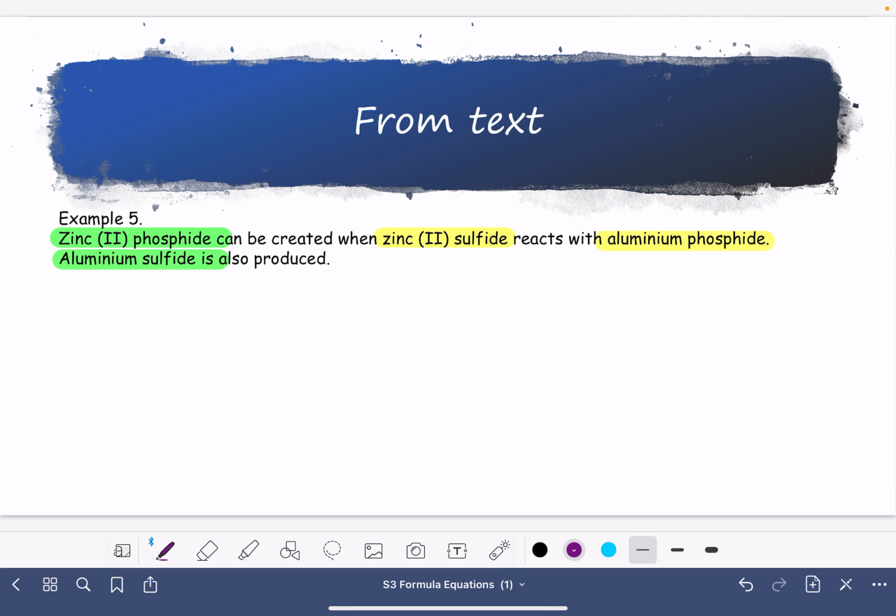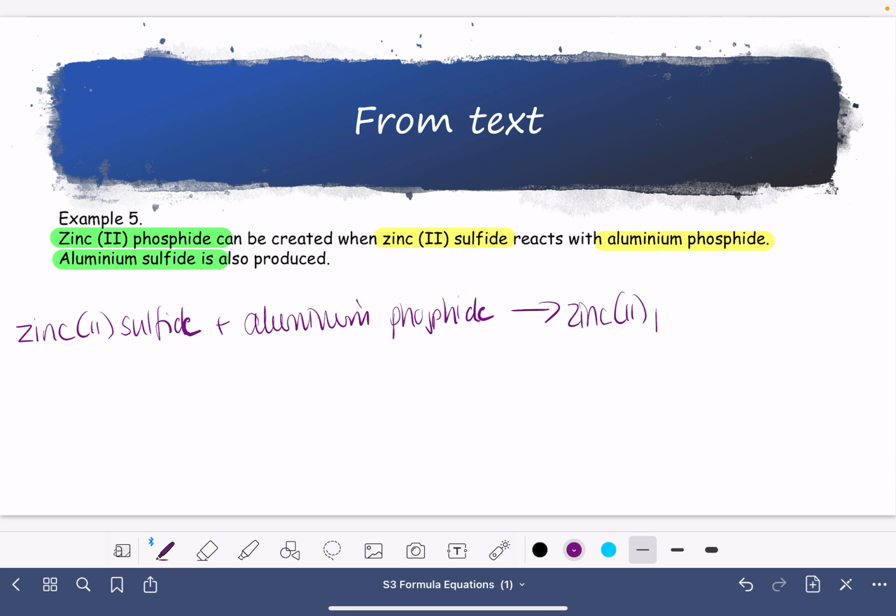Let's get going with writing our word equation then. So, sorry, started at the wrong end there. So zinc(II) sulfide plus aluminium phosphide becomes zinc(II) phosphide and aluminium sulfide.